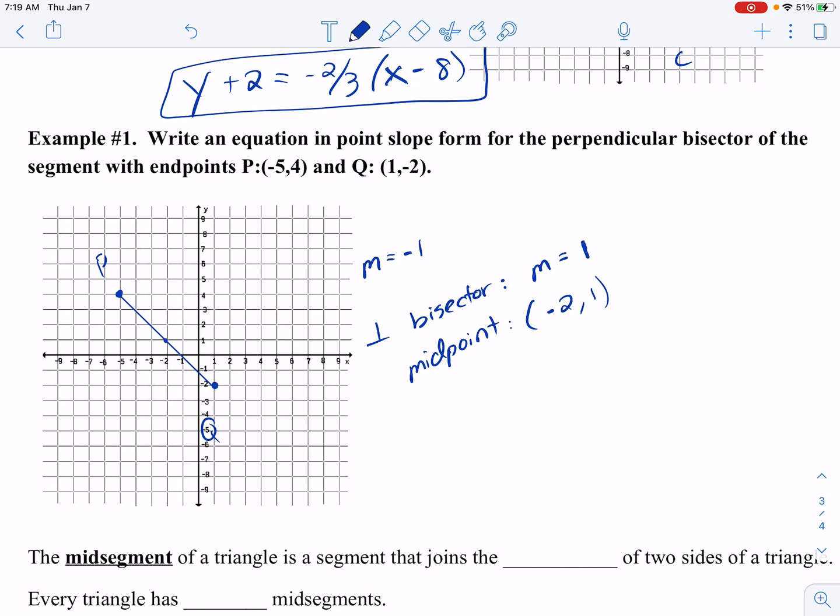If you want to double check, plot that point. You can see it's right in the middle of the segment. So then the equation of our line would be y minus 1 equals, you can put 1 if you want, or you don't have to put anything there, 1 times x minus -2, or x plus 2.